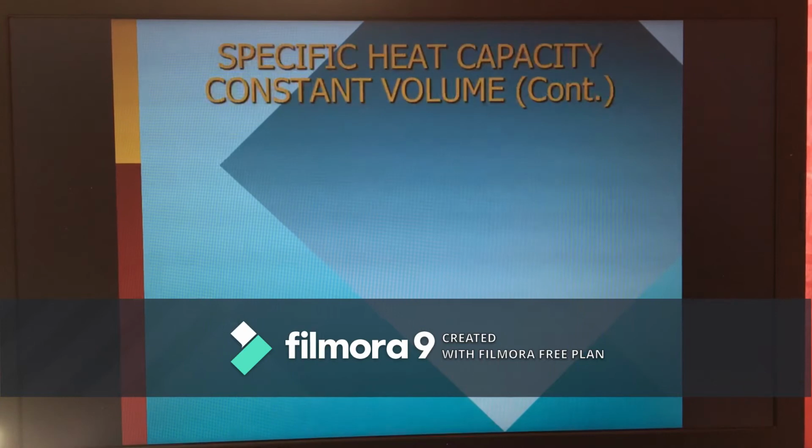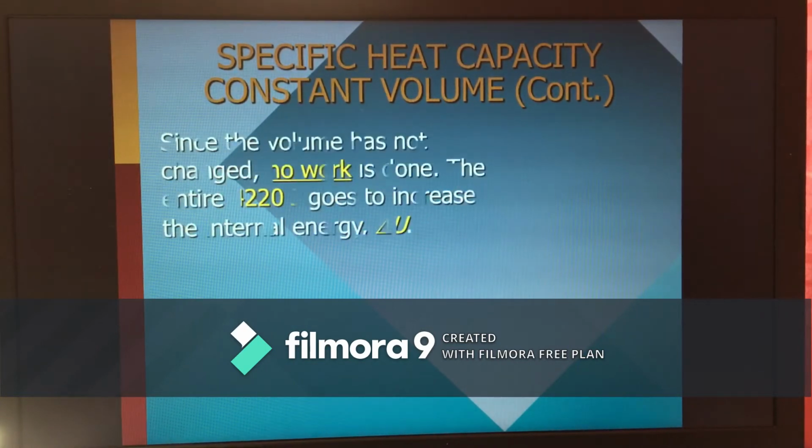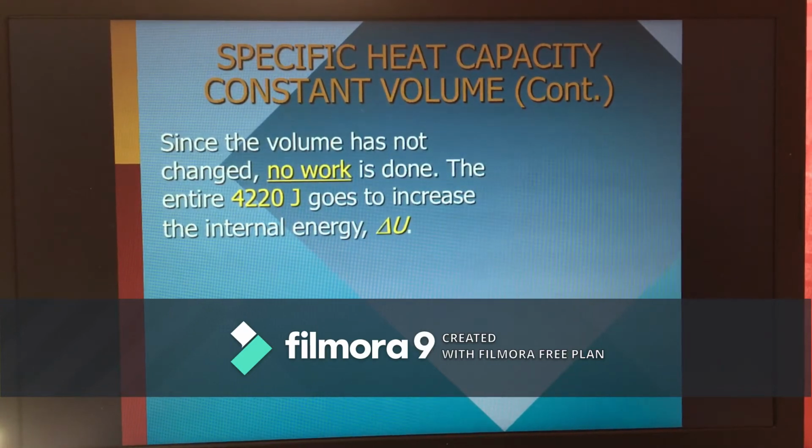Alright, so let's continue. Specific heat capacity with constant volume. Since the volume has not changed, no work is done.